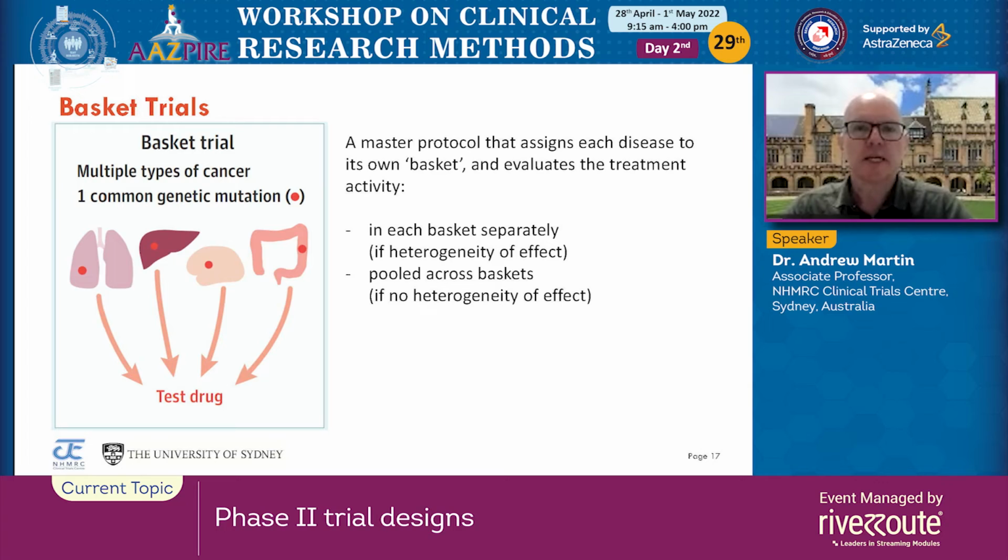Okay, so just a little bit about how we could jump from some of the single arm designs that I've covered so far to basket trials, where the effect of a particular intervention is being evaluated across different cancer types, but all with a common molecular target.